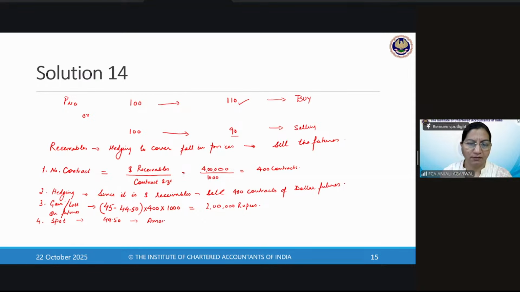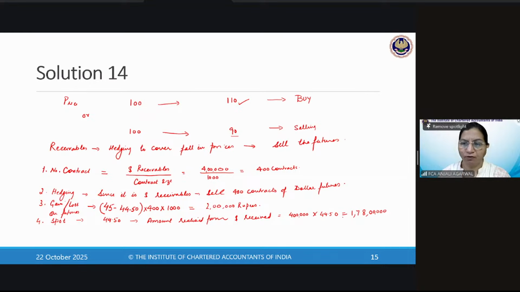So the amount realized on selling the dollars which are received is 400,000 multiplied by 44.50. 1 crore 78 lakh is what you will get from the spot market by selling the dollars, plus another 2 lakhs from the future gains.